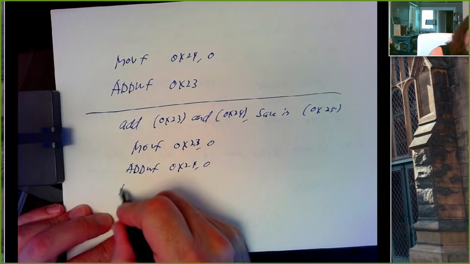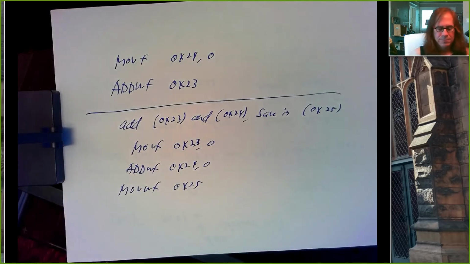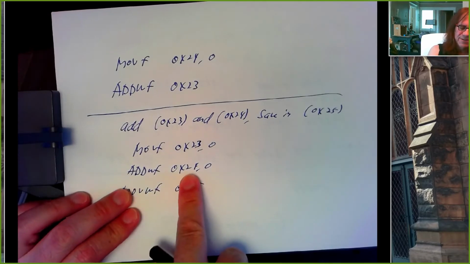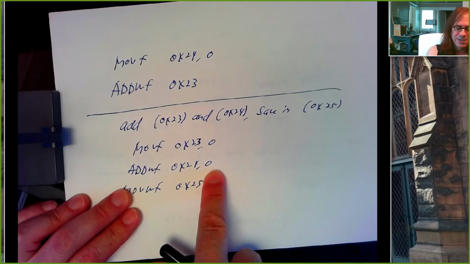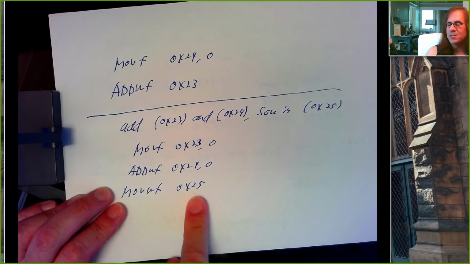Cool. Alright, move say 23 into the W register, add the other file register to the W register, and save the result in the W register. So now W has the sum of these two, and then move the W register into 25.